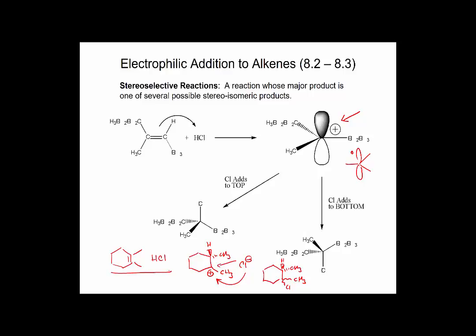Remember, regioselectivity is when two structural isomers are possible and one is formed as a majority product. So in this case, this is a symmetrical reagent. I'd immediately say it doesn't matter whether the H goes on top or the bottom, I'm going to end up with the same product. So if either of the reagents is symmetrical, you cannot be regioselective.